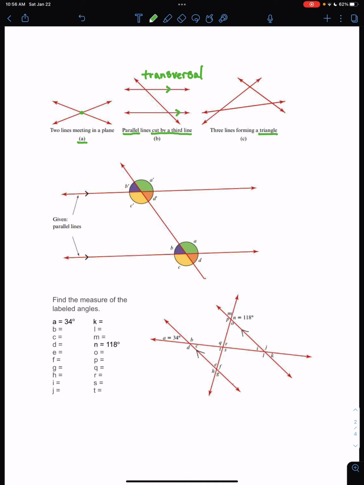But again, this is just an introduction to some of the terminology and some of the things that we need to know about lines that are intersecting.